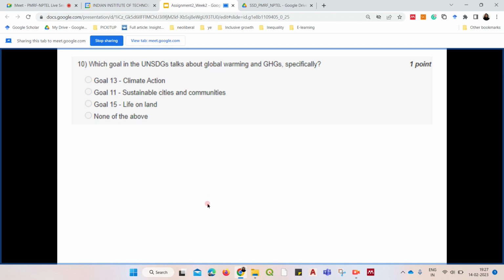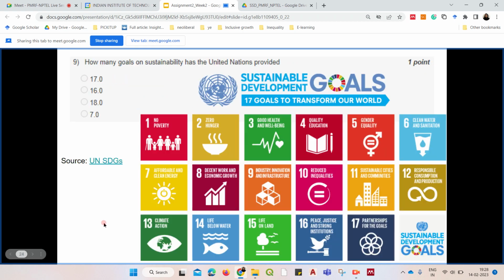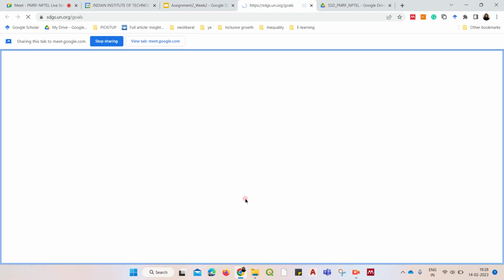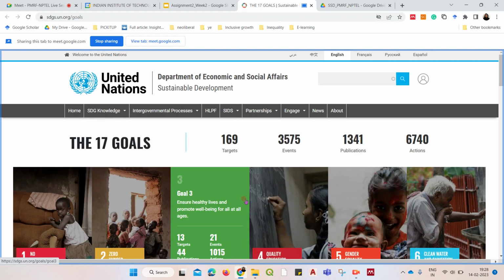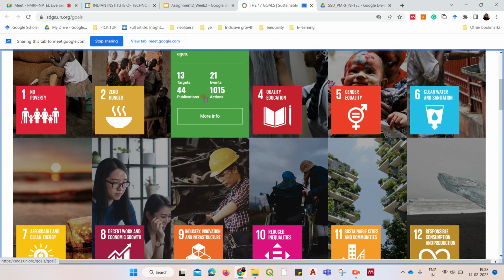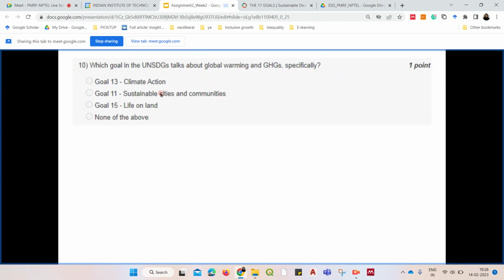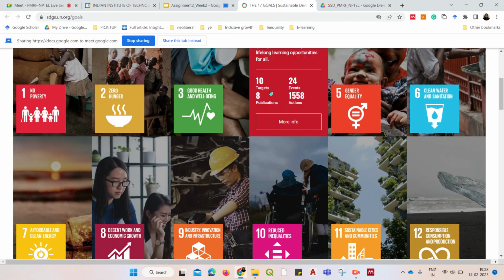Apart from this, another way of seeing which of the UN SDGs are directly related to global warming, climate and GHGs is to go to the UN SDGs website, like I mentioned last time, and see the specific goal which the question is asking about. So let's see life on land.